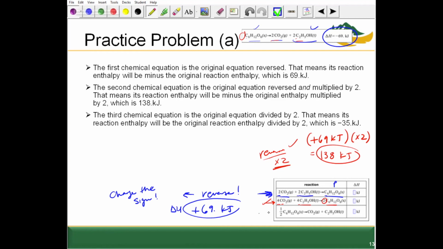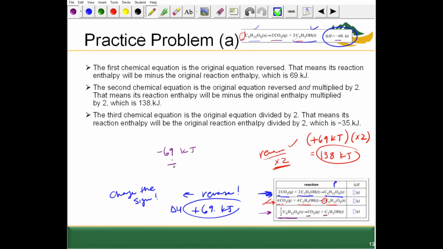Let's take a look at the third one now. It's still in the forward direction, so C6H12O6. We didn't reverse the direction, so the sign is still going to be the same, but we did something to the molar coefficients, right? It went from 1 to now 1/2. 2 and 2 are now 1 and 1.